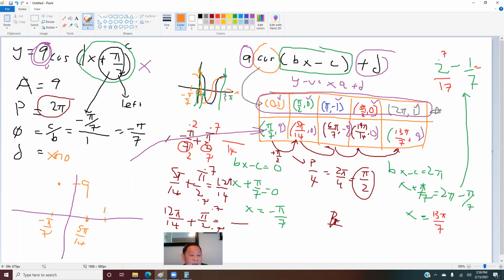And then the next one we have is 6 pi over 7, and that will be at negative 9. And then 19 pi over 14, this is at 0. And the last one, 13 pi over 7, is at 9. So your graph will look something like this.